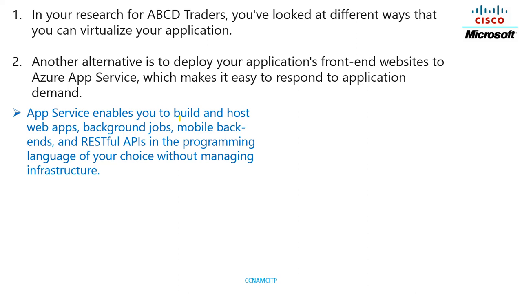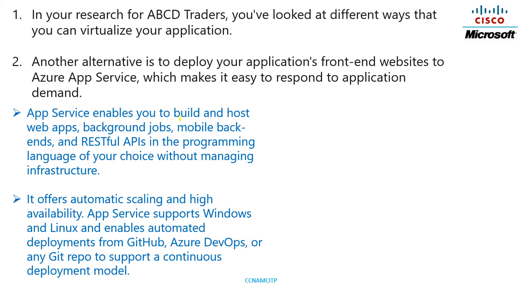Very simple. There will be certain jobs running in the background. There is nothing fancy in this. Very simple thing. Next thing about App Services, it offers automatic scaling and high availability, as well as, as you can see, it supports Windows and Linux and enables automated deployment from GitHub, Azure DevOps, or any Git repo to support a continuous deployment model.